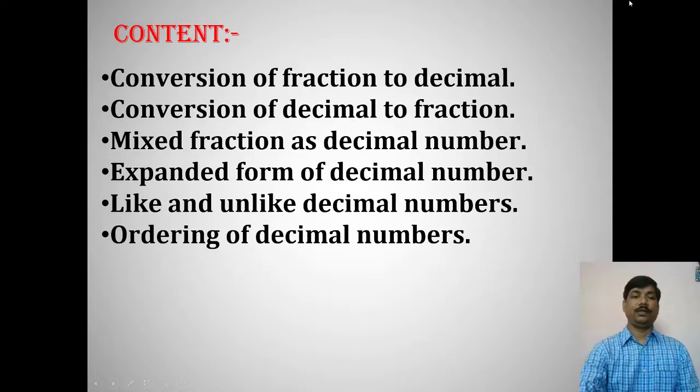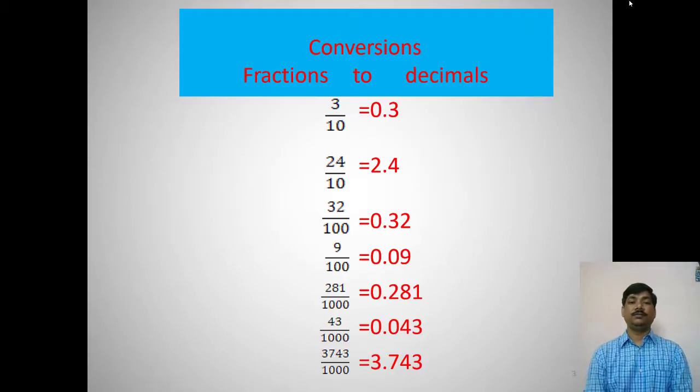First we discuss conversion of fraction to decimal. Here we have written some fractions. 3 upon 10 is a fraction, 24 upon 10 is a fraction, 32 upon 100 is a fraction, 9 upon 100 is a fraction, 281 upon 1000 is a fraction.